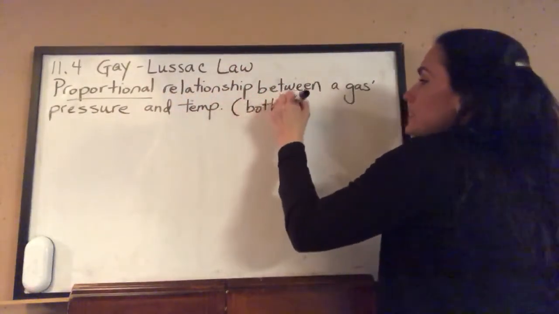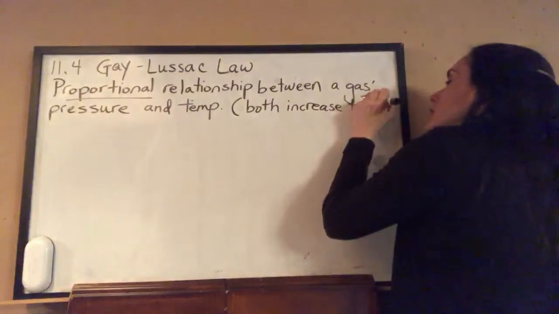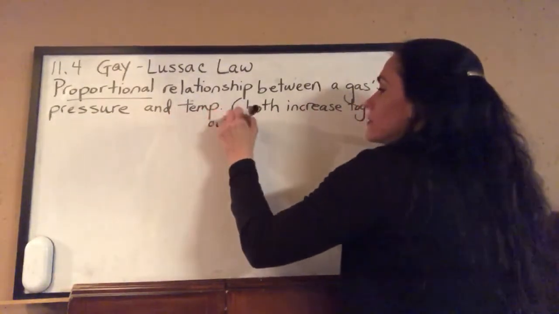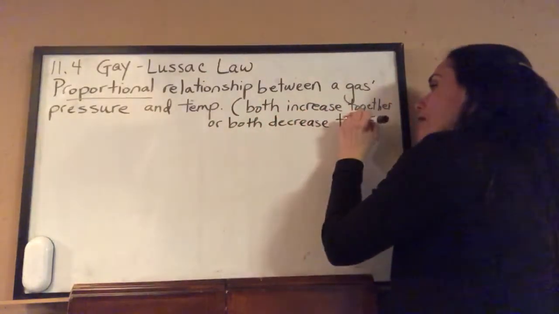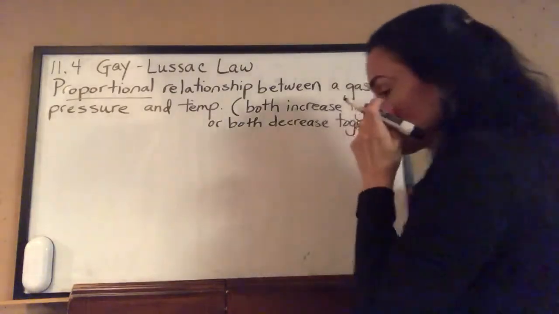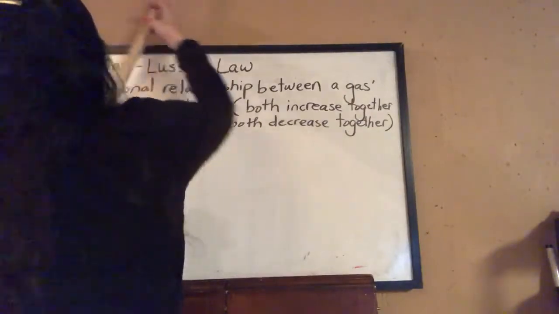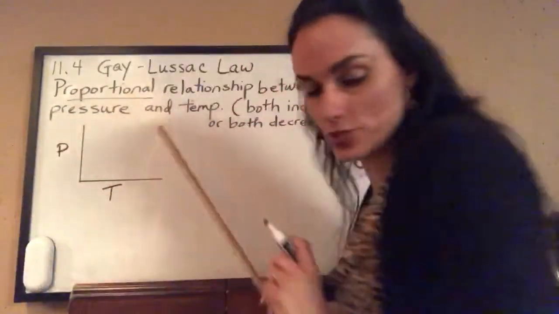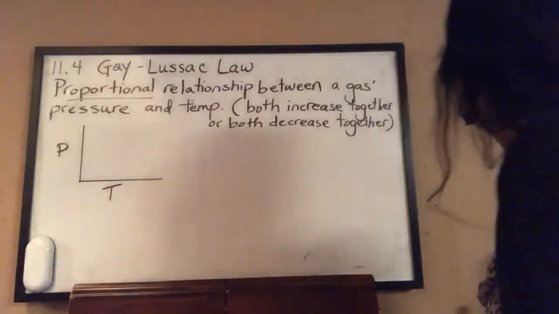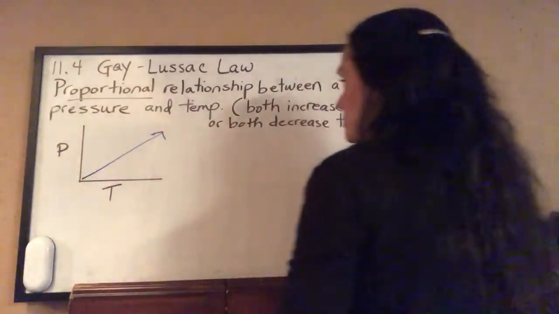So they both increase together or they both decrease together. And again, if we had to graph data that's related to this, all right, we would have the temperature on the x-axis and the pressure on the y-axis, and we would see an increasing function here, okay, because they're proportional.